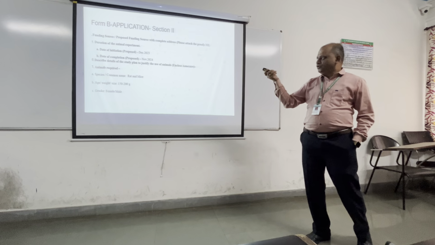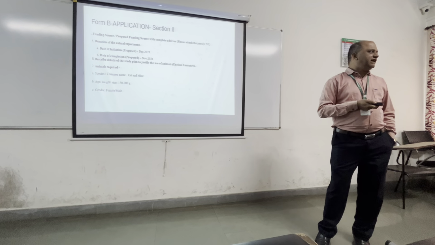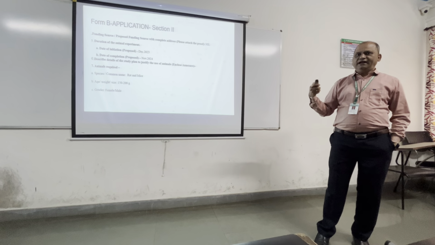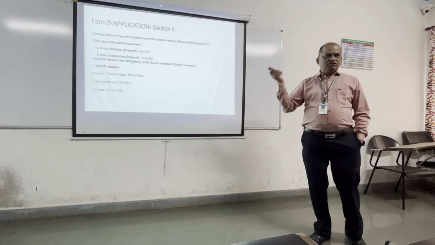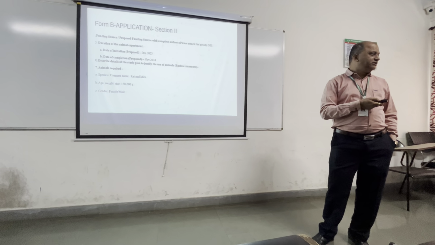Then duration of the animal experiment. When you propose to start, Jan, Feb, whatever it will be, you can write down, and already I told you the date of completion. Every 6 months the Institutional Animal Ethics Committee meeting will be there.